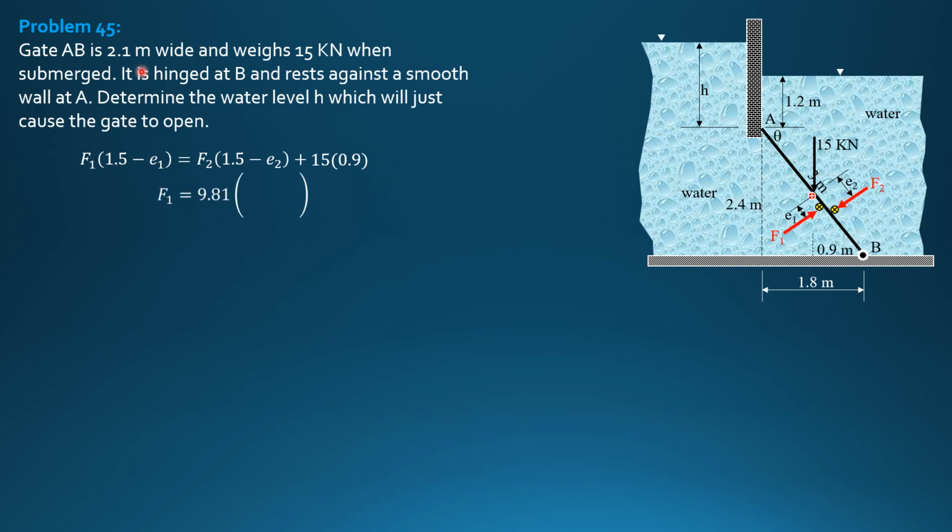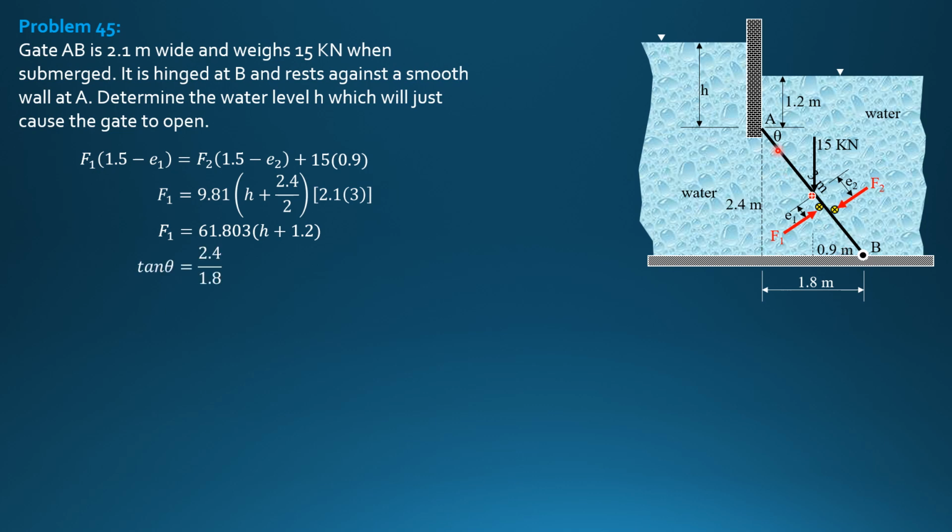So F1 is 9.81 times h bar, which is H plus 2.4 over 2, times area, 2.1 times 3. So F1 therefore is 61.803 quantity H plus 1.2, where 1.2 is 2.4 over 2. Then E sub 1 is height of rectangle squared times sine of theta over 12 h bar.